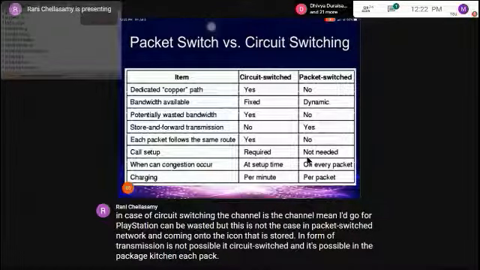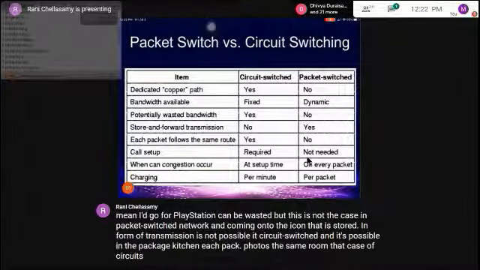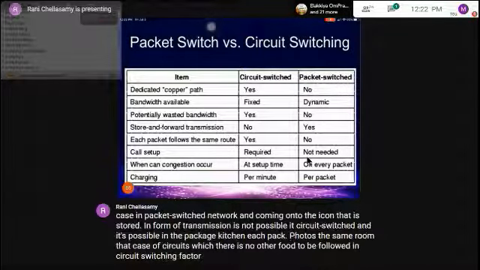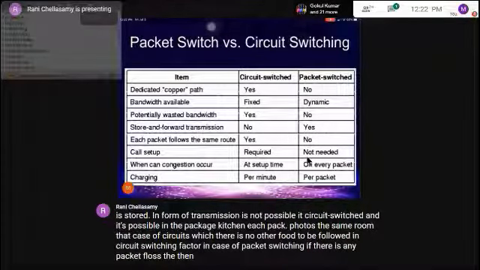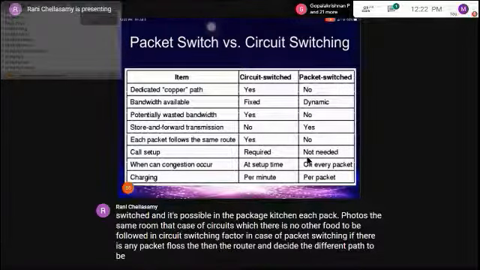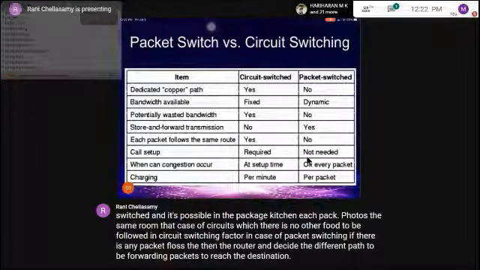Each packet follows the same route in circuit switching, with no other route to be followed. But in packet switching, if there is any packet loss, the router can decide a different path to forward the packets to reach the destination.